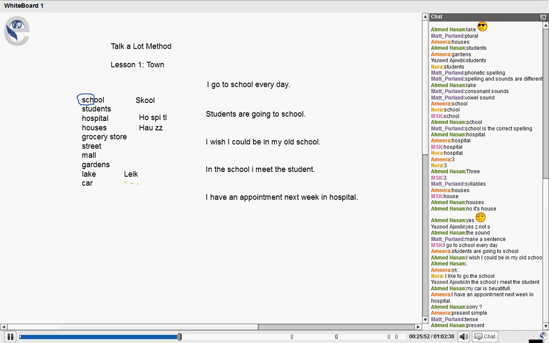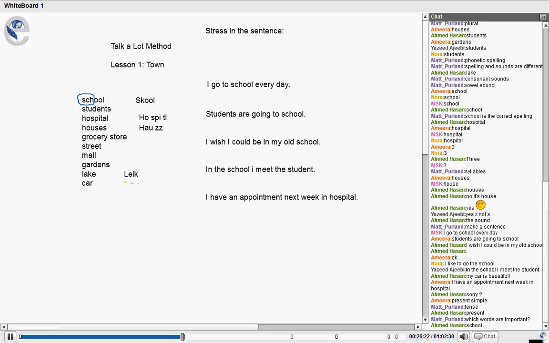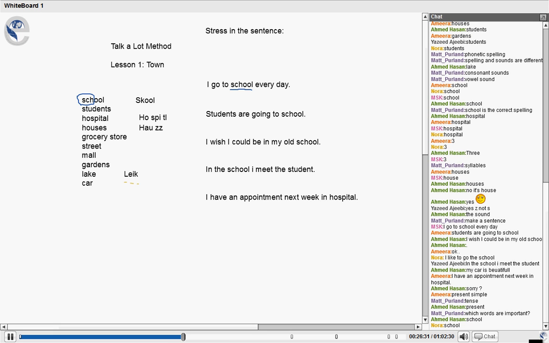So, we're going to look at the stress in the sentence. Think about this sentence. Which words are important keywords? I go to school every day. So school is important. Which are the main important words? School.